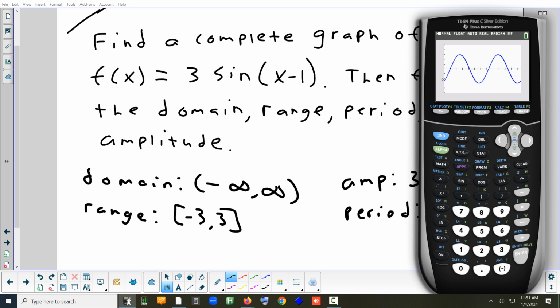So there's 2 cycles. Okay, looks a little bit different than what we normally do for sine because of that shift amount. It shifted by 1 radian to the right. But I'm not worried about you making a table or anything like that. Okay, any question on that?